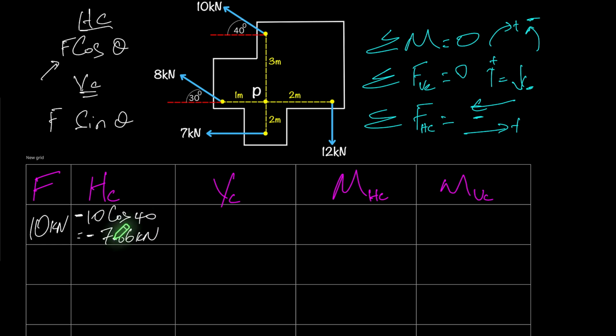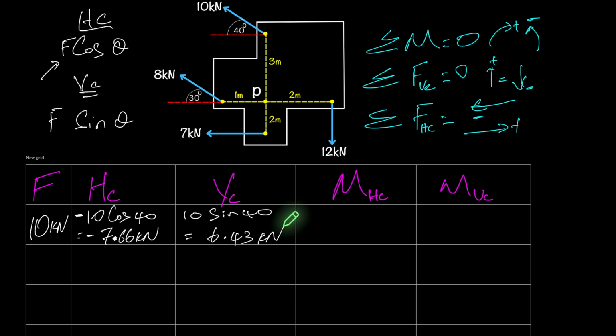And we will do the same thing for the vertical component, but because it's going up, the vertical component will be positive. So what we'll have then is just 10, and that's positive, and it will be sin 40. And we'll just put that in the calculator, final answer. So that's 6.43 kilonewtons.